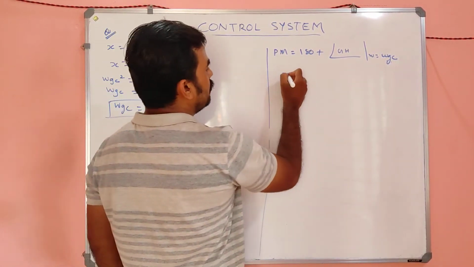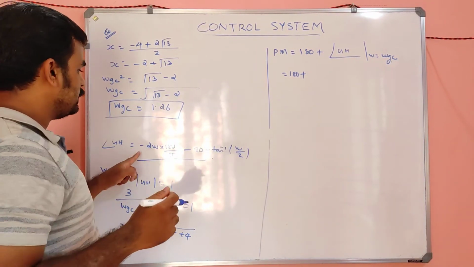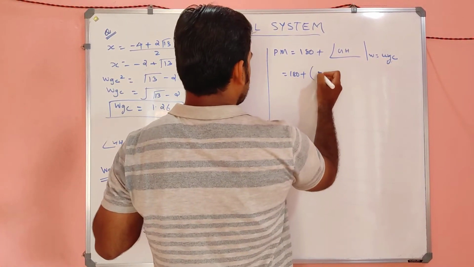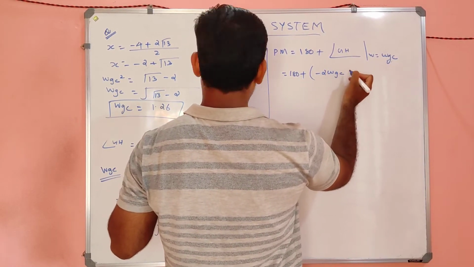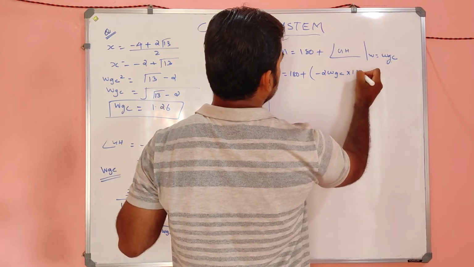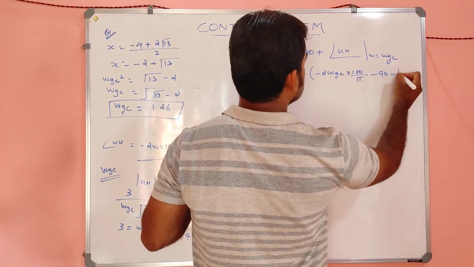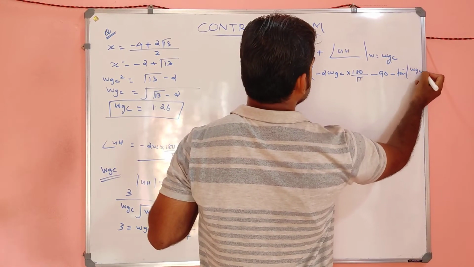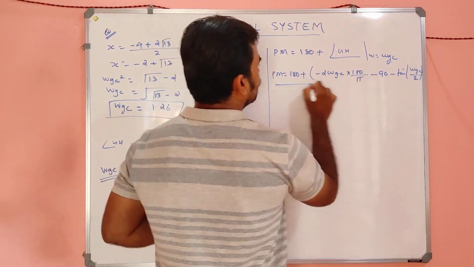So it will become 180 plus angle of GH at omega equal to omega GC, which means minus 2 omega GC, into 180 by pi, minus 90 minus tan inverse omega GC by 2. So this is the phase margin.